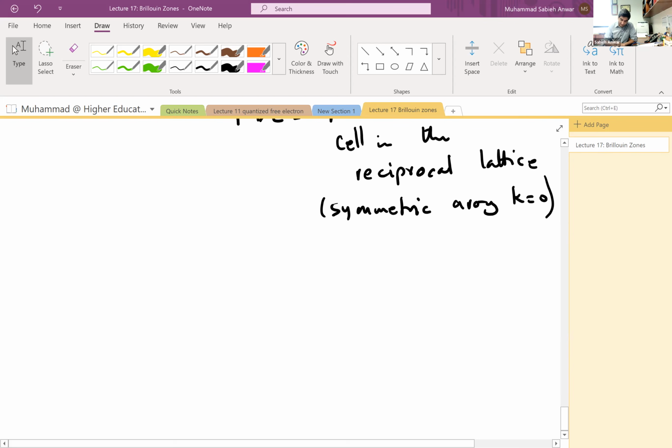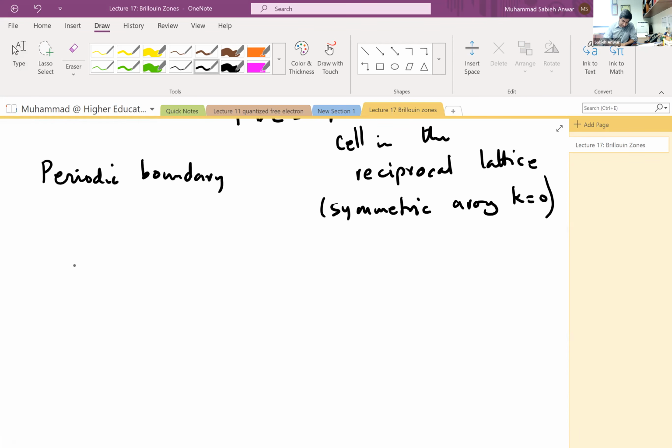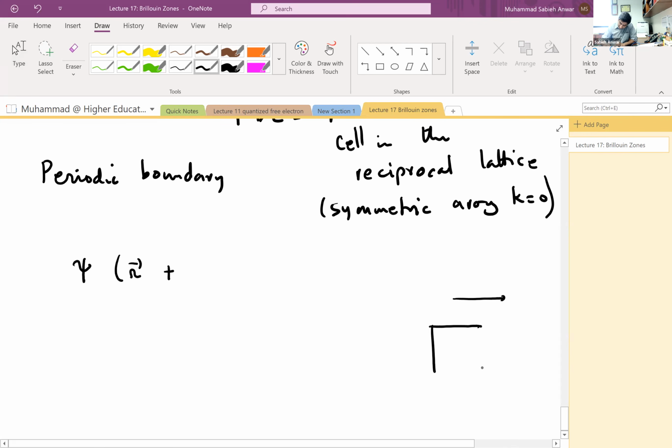So once again we can apply periodic boundary conditions called the Born-von Karman boundary conditions, which tell us that psi of r plus, so if I move along the x-axis, let me draw the solid here.